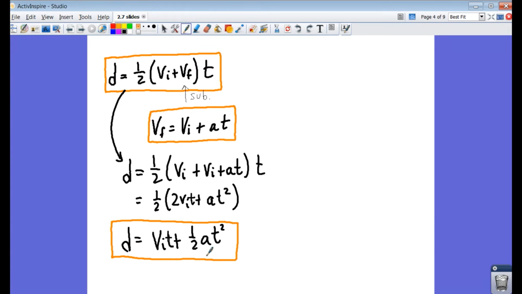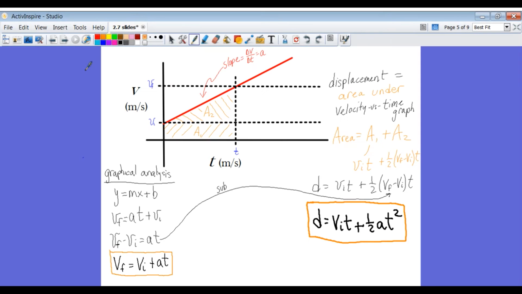Let's also look at a graphical analysis and come up with this equation in a different way. So here is a velocity versus time graph. The slope is constant because these are only valid for constant acceleration. And the acceleration, of course, the slope is delta V over delta T. And I've changed it so that we begin at some initial velocity at time t equals 0, not at a velocity of 0.